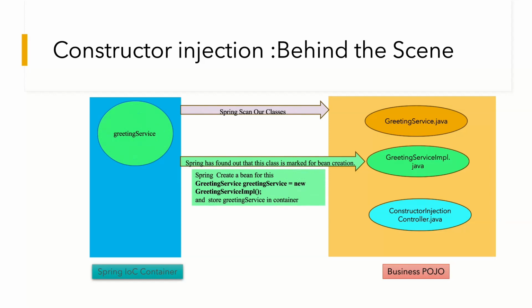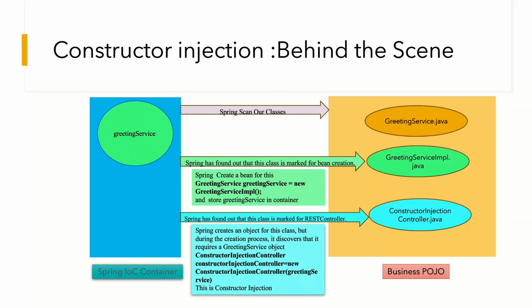Next, Spring also identifies that ConstructorInjectionController is annotated with @RestController and examines the constructor's parameters to determine the required dependencies. Since ConstructorInjectionController requires a GreetingService object, Spring retrieves the necessary GreetingService dependency from the container. Finally, Spring creates the ConstructorInjectionController bean using the constructor, passing the GreetingService dependency as an argument. Regarding the bean lifecycle, we will discuss it in a separate video.